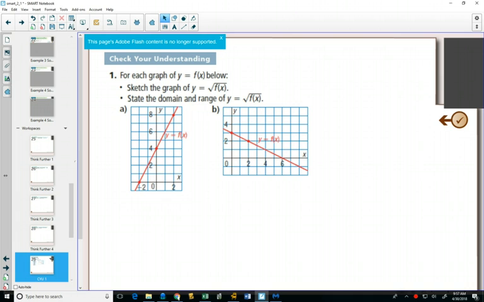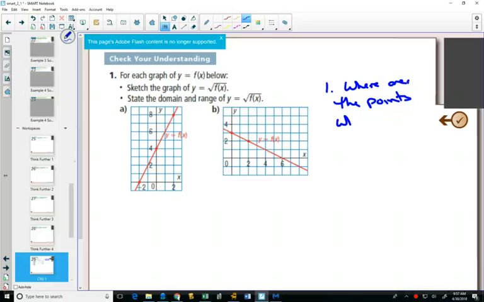First thing you're going to look for, where are the points where y equals 0 and y equals 1? Because those will be our invariant points.